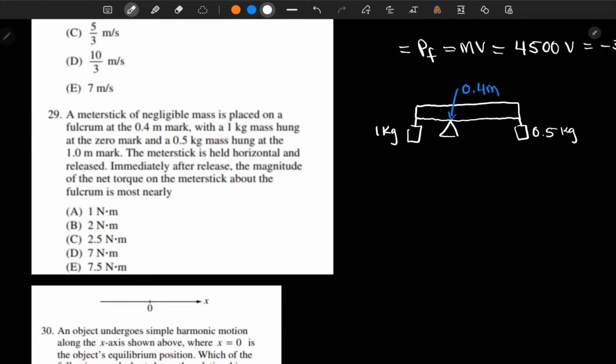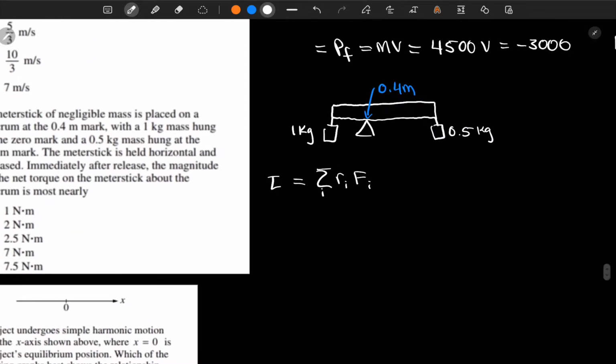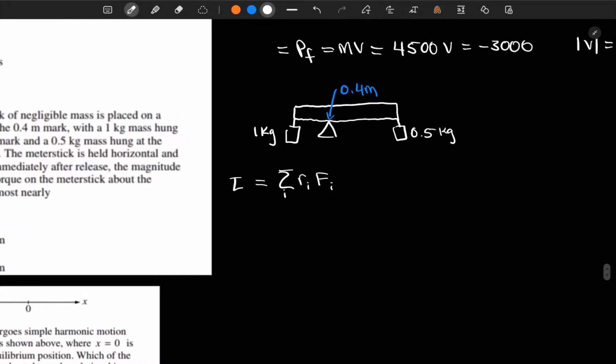Then, the net torque, tau, is equal to the sum over the position of each mass times the force being acted by that mass. Here, we have one mass, which is 0.4 meters away from the fulcrum.